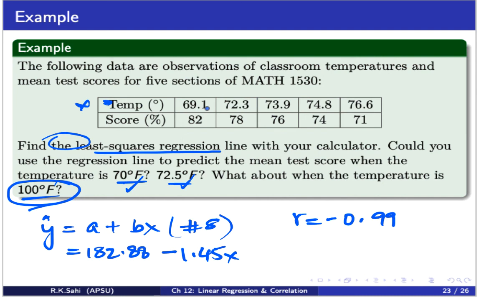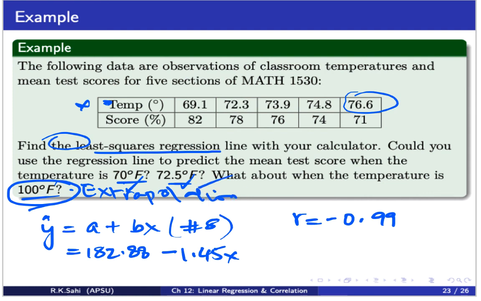So 69, and the highest value is 76.6. And when you look at 76.6, 100 is far, far off. So if you want to find out the mean test score when temperature is 100 degrees, you are doing extrapolation. That's it.